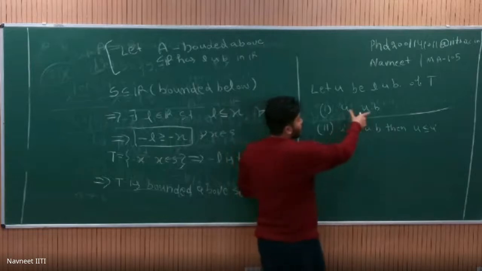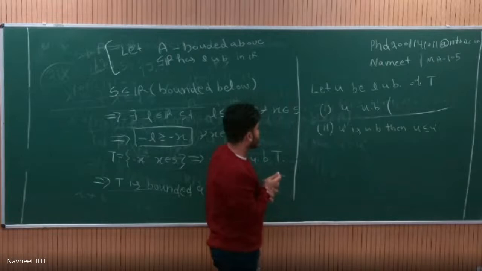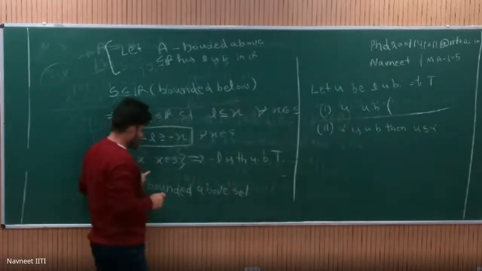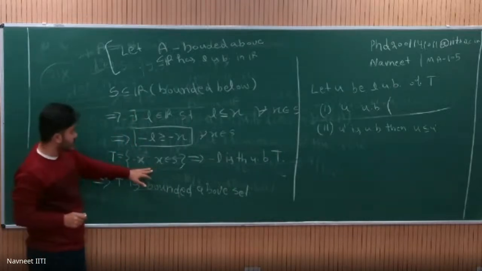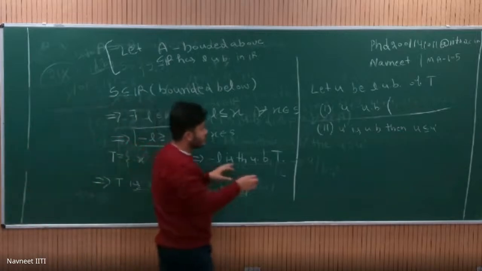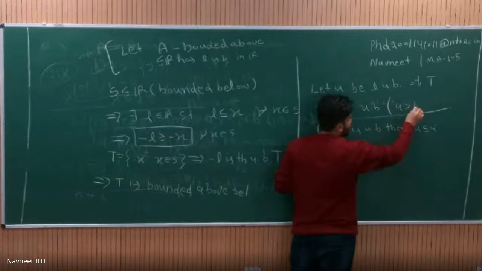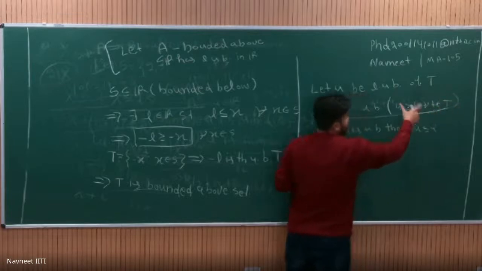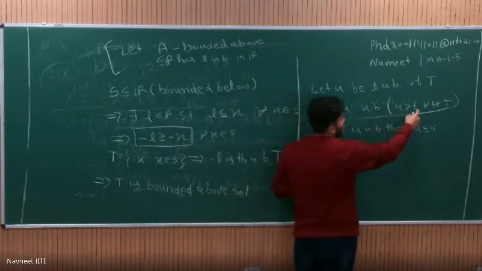Now U is an upper bound. This means it should be greater than or equal to all the elements of the set T. U must be greater than or equal to t for each t belonging to the set capital T. But this will imply, how are the elements in T?